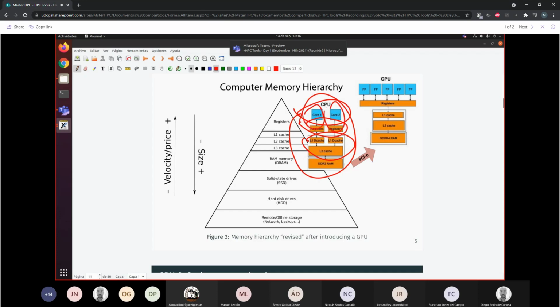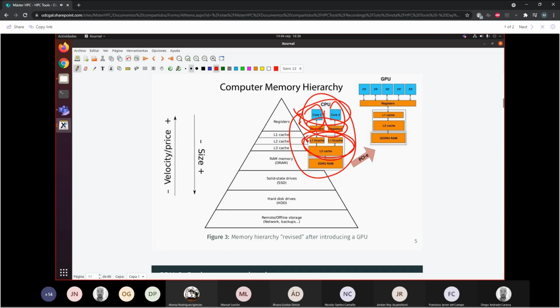The first levels are usually private to each core. This means that each core of the CPU has its own first-level cache memory. And then the last level is usually shared among all the cores of the CPU. And after that, we have obviously the RAM memory.